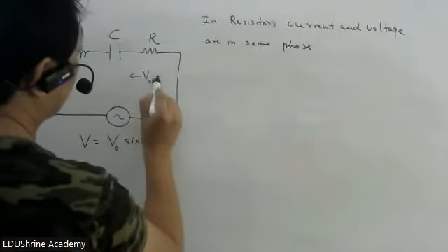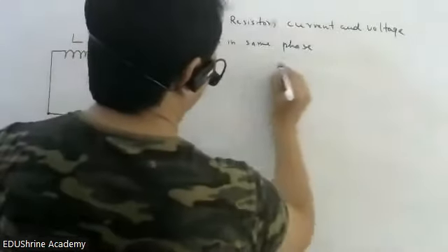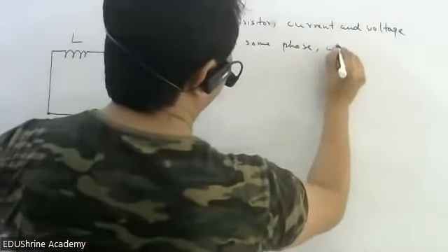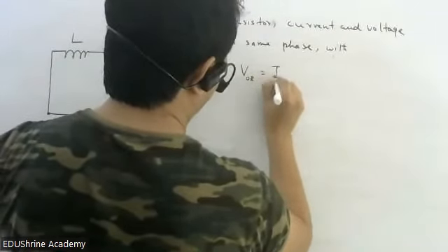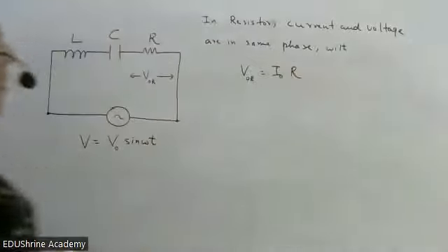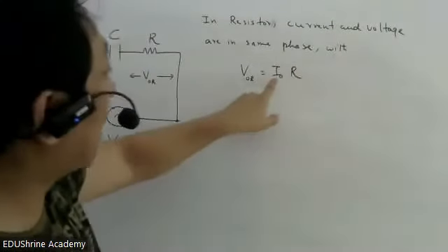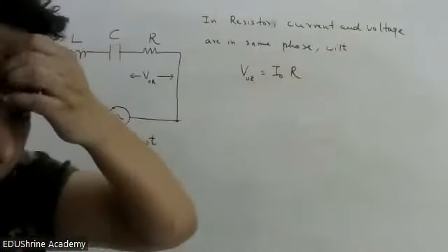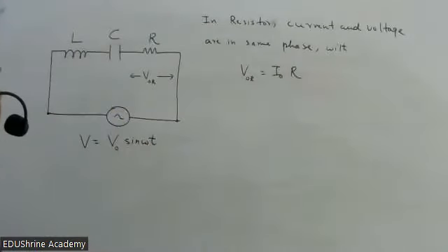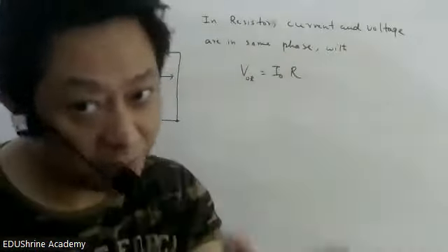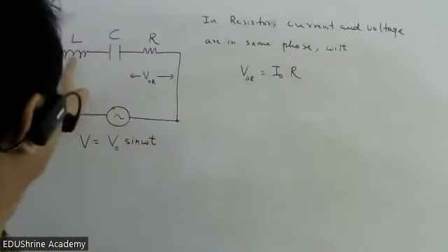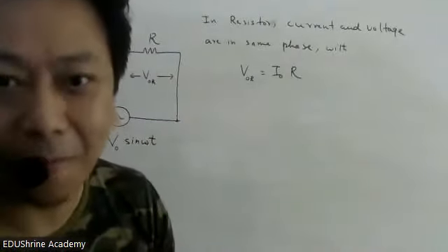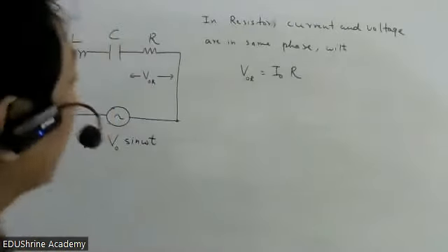V naught R, the peak voltage, V naught R is equal to I naught into R. Can you tell why I did not write I naught R like that? Because current is the same in each one of them. So no need to distinguish current here from current here from current here. Yes or no?